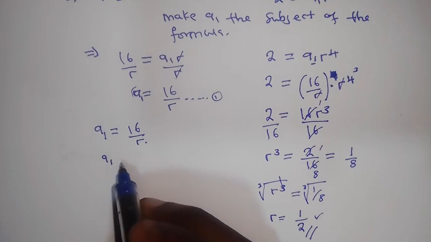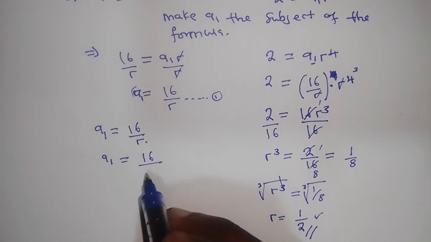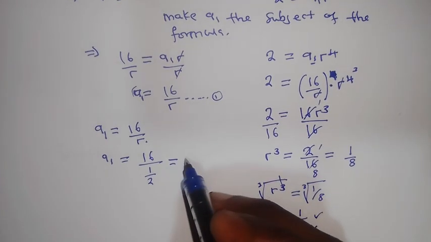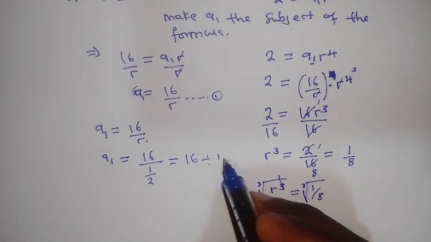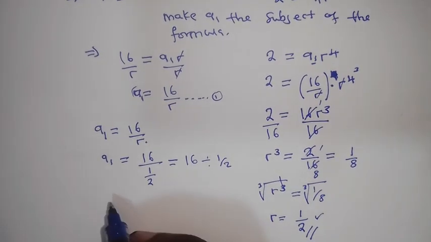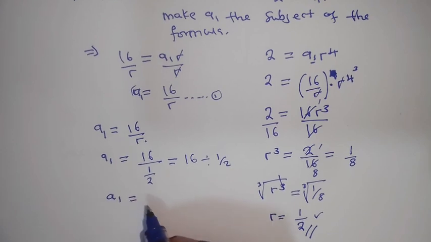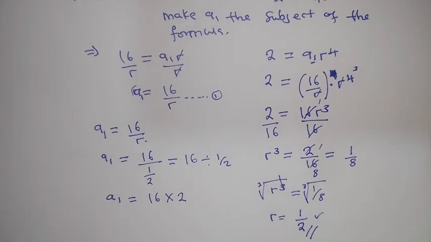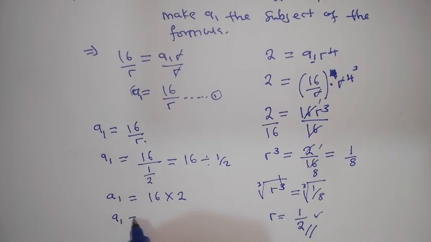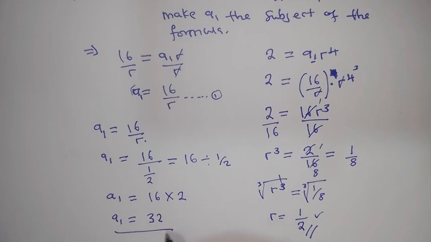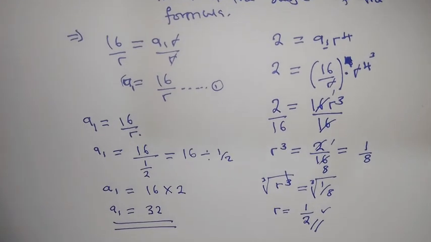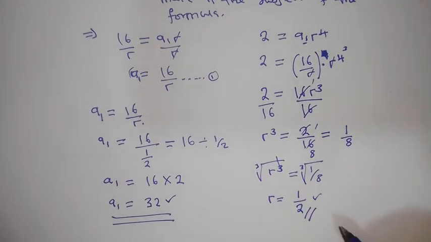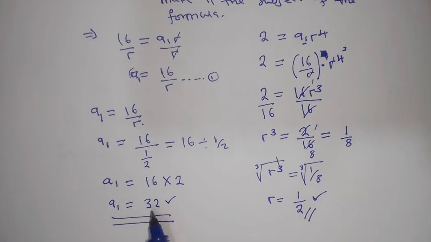So a1 is equal to 16 over half. So we can just say 16 divided by half. Here, you just flip it. So 16 multiplied by 2. So this 2 comes on top. So your a1 is equal to 32. So that's your a1. So we are done. This is the answer, that is the first term and the common ratio.